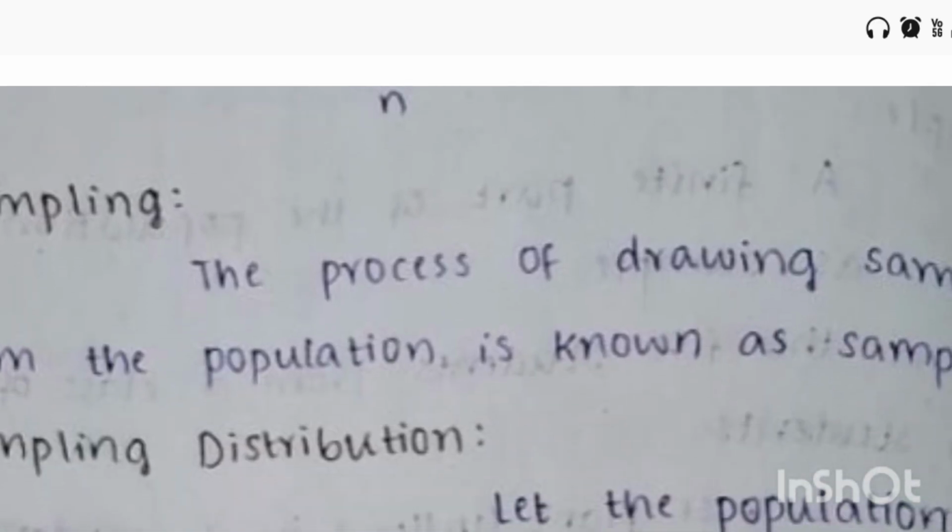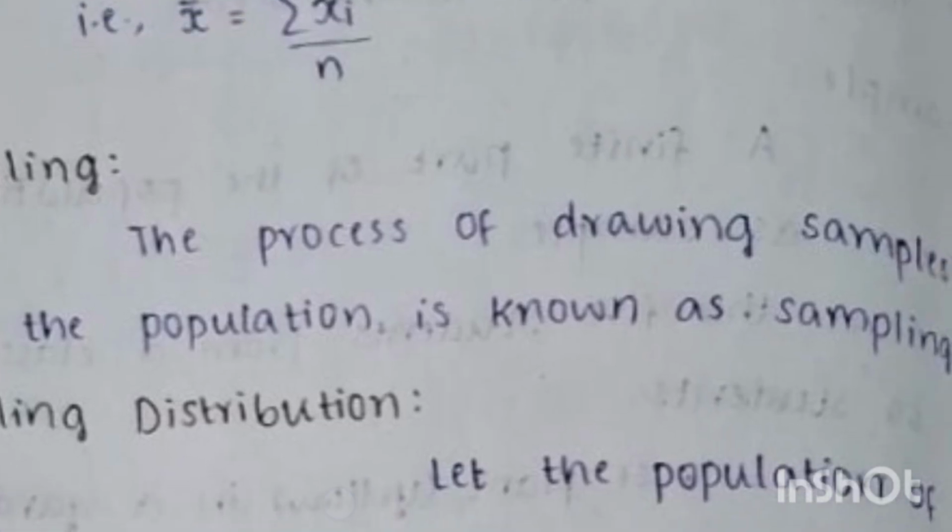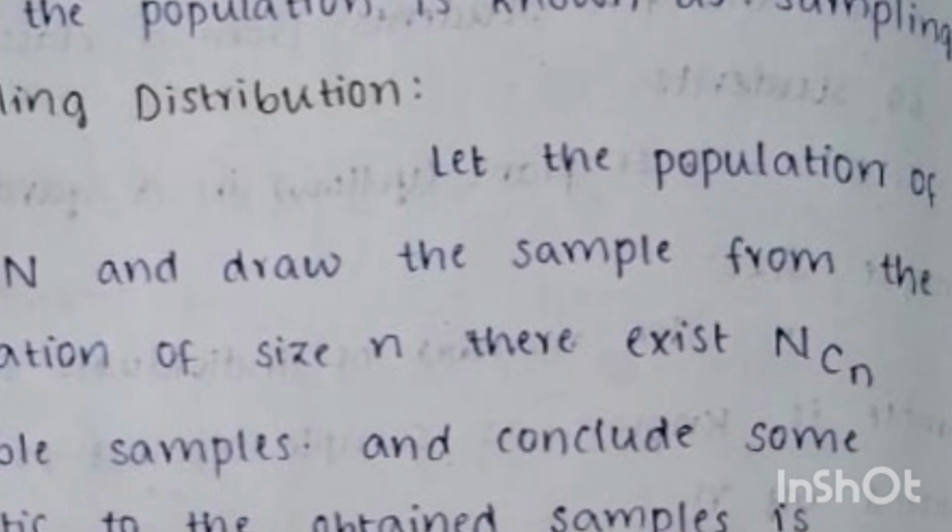Next, sampling. The process of drawing samples from the population is known as sampling. What is a sampling distribution? Let the population be of size capital N and draw samples of size small n from it.